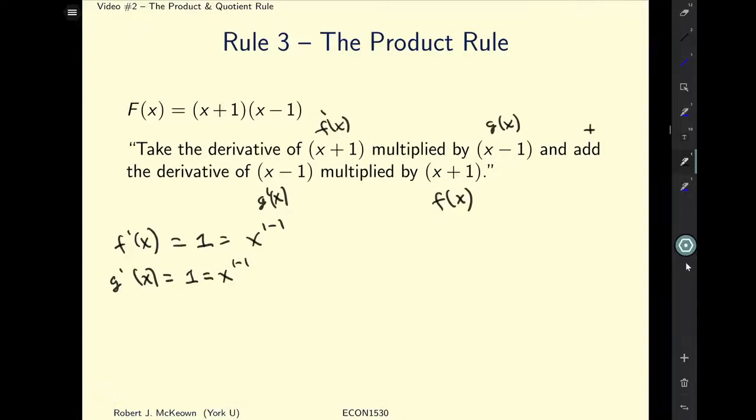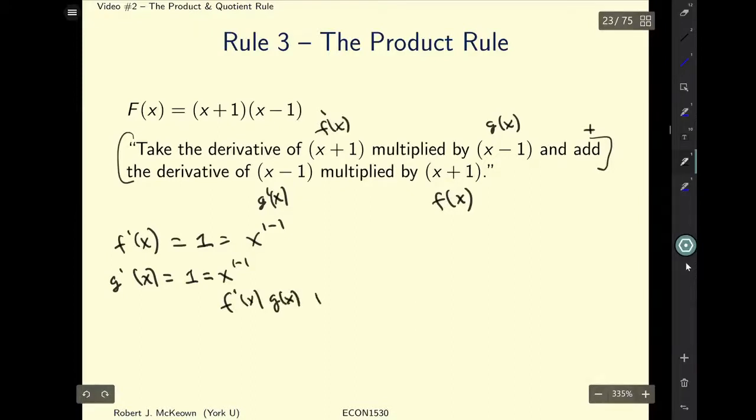And so let's combine each of these products in the way that this is commanding us to. And if I do that, I'm going to get f prime x times g of x plus f of x times g prime of x, and we're going to get 1 times x minus 1 plus 1 times x plus 1.